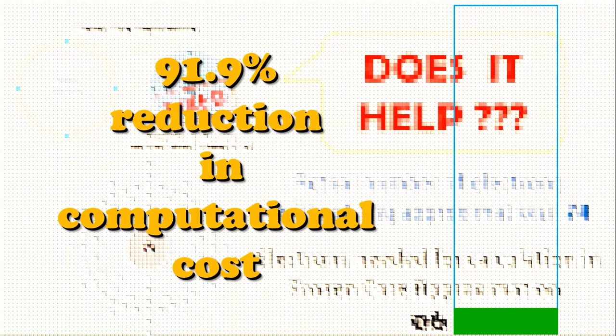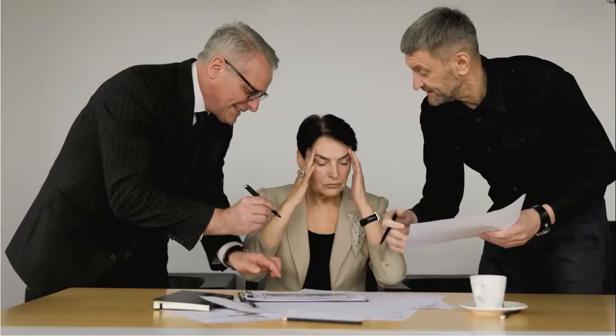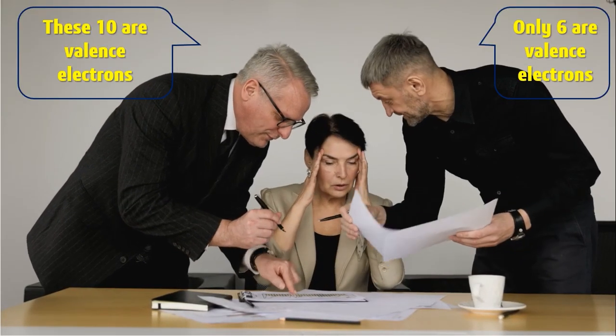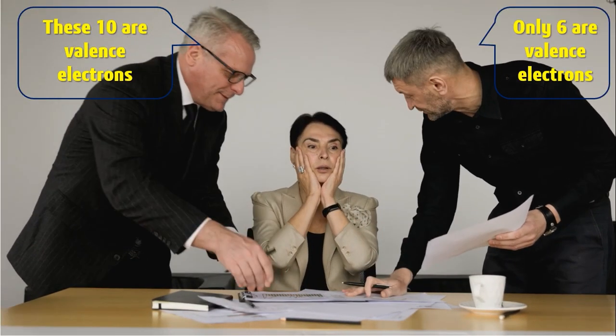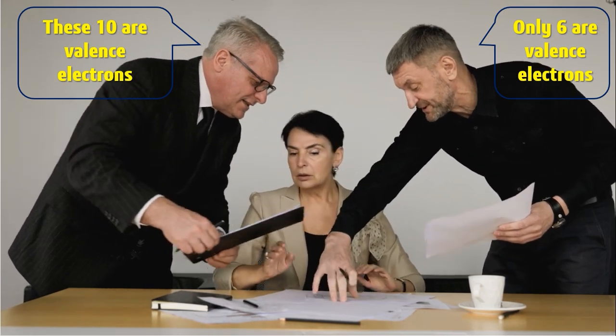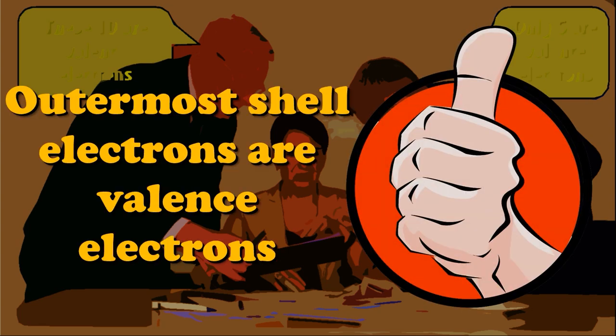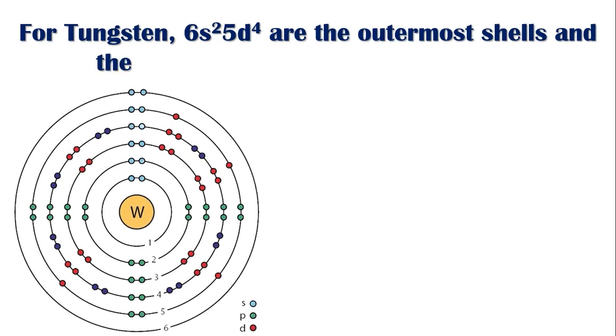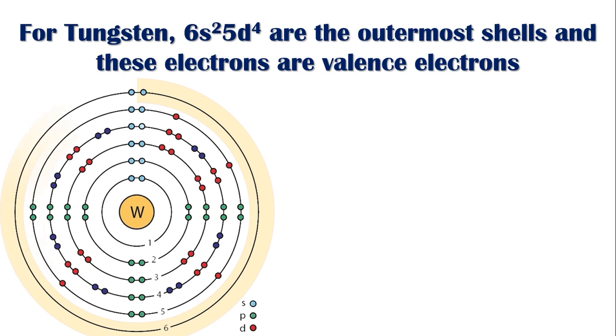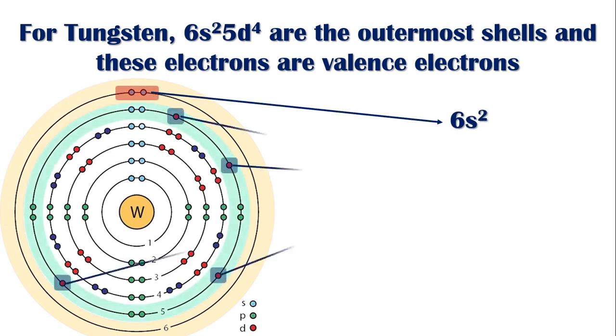That was good. But the next question then becomes, how do we decide which wave functions should be considered core and which ones as valence states? As a rule of thumb, in the context of DFT calculations, the term valence corresponds to the outermost shell of the atom in the periodic table. For example, for tungsten, we would have 6s2 5d4.